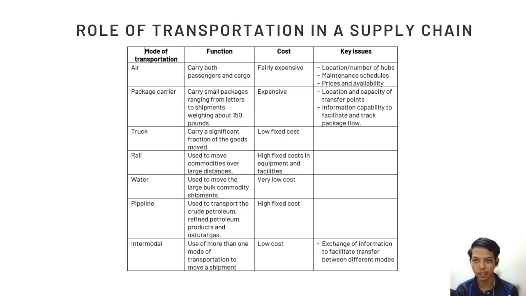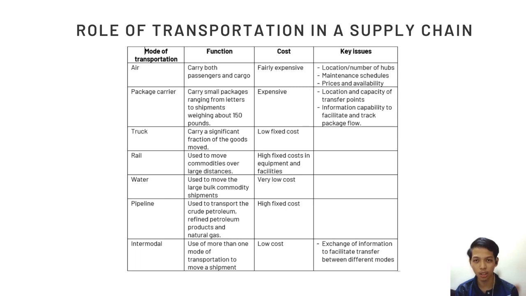The main commodities that are transported through pipelines are natural gas, refined petroleum products, and crude oil. Pipeline pricing is cheapest at peak usage, based on the actual quantity transported, and pipelines have a high fixed cost. Lastly, the use of more than one mode of transportation to move a shipment to its destination is known as intermodal transportation.